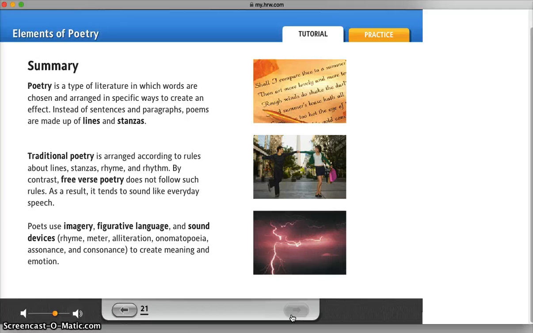We're going to be really reading and analyzing free verse poetry. And one of the things we're going to do when we analyze and read poetry is we are going to work on identifying figurative language, specifically alliteration, onomatopoeia, simile, metaphor, personification, and hyperbole.